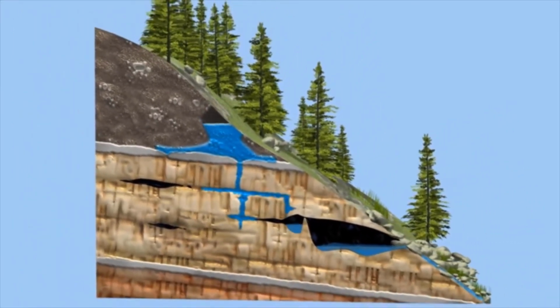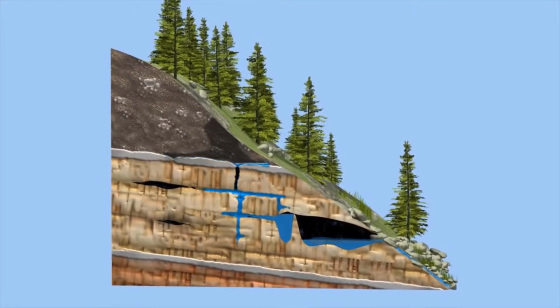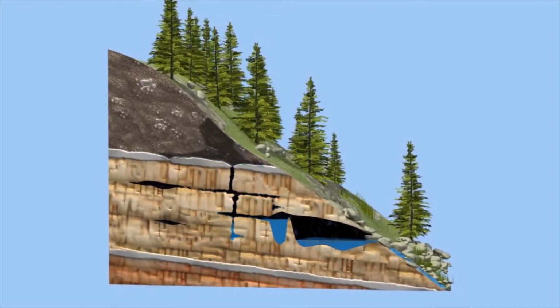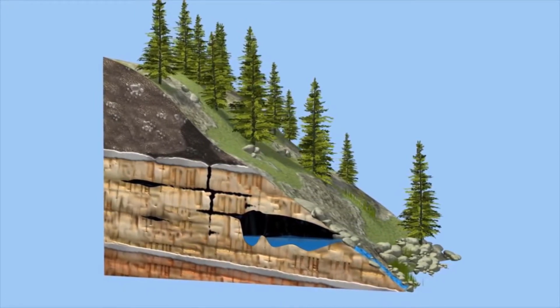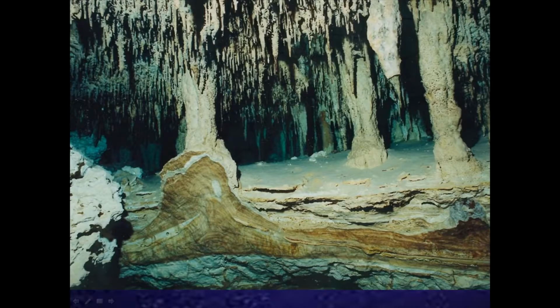And over that gradual period of time that it erodes away, you're going to get very, very unique formations where you get stalactites, stalagmites, and just very, very gorgeous formations of rock forming where it's gradually eroding.